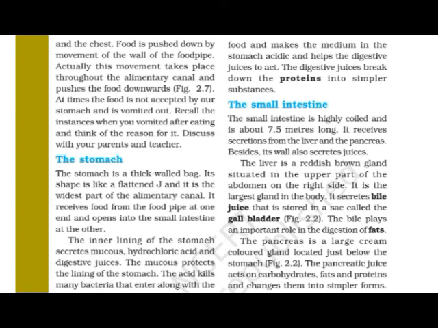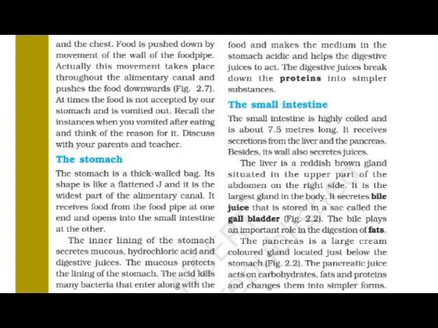First one I told, it kills the many bacteria. Second one I told, it makes the medium in the stomach acidic, meaning it makes the food acidic. And number three is it helps the digestive juices to act, meaning it helps the digestive juices for their action. So hydrochloric acid plays a very important role.